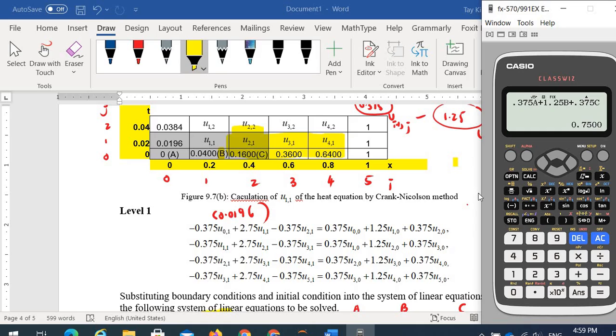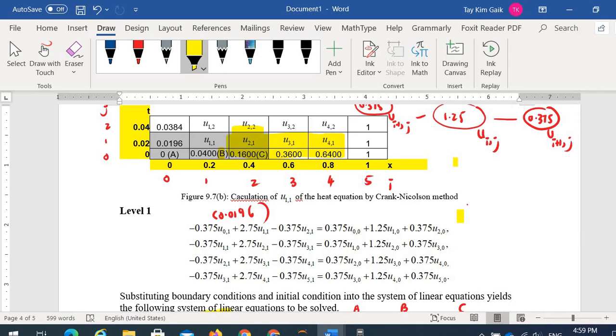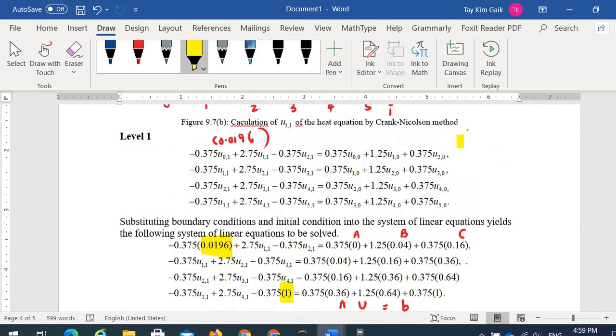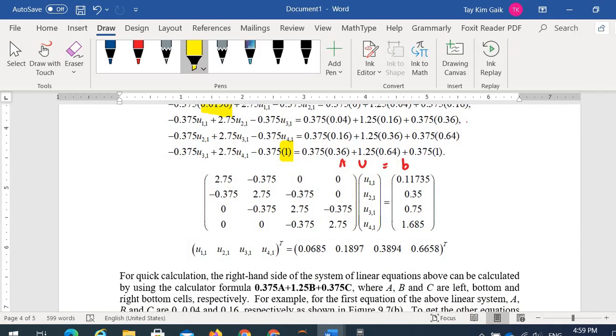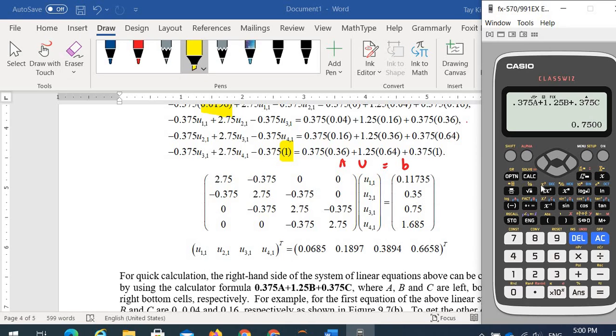So quickly you get the answer 0.75. Let me see again. This is the A, C. This is B, the third equation, right? This is C. Calculate again.